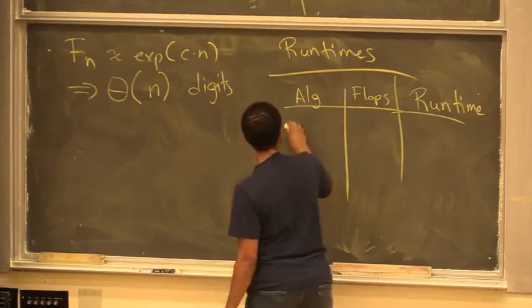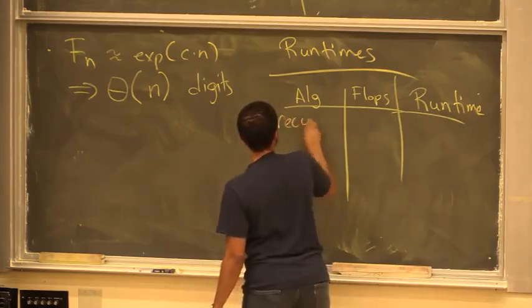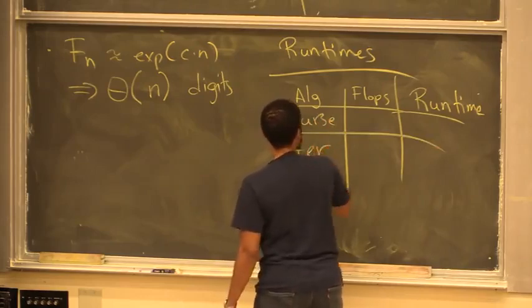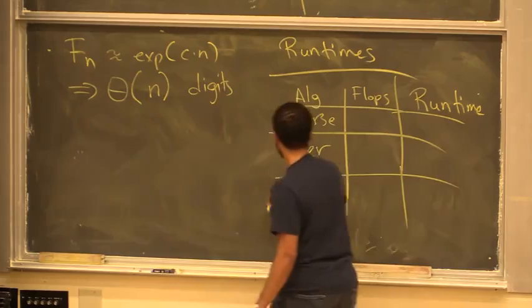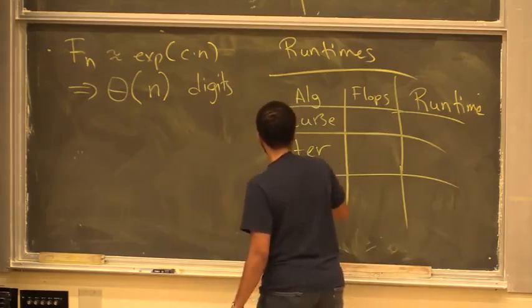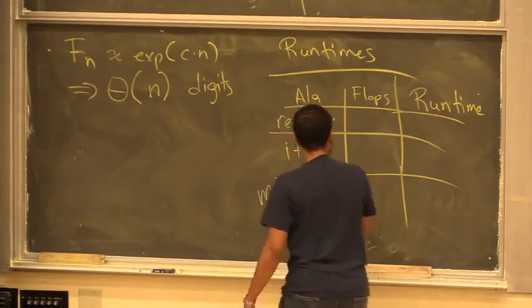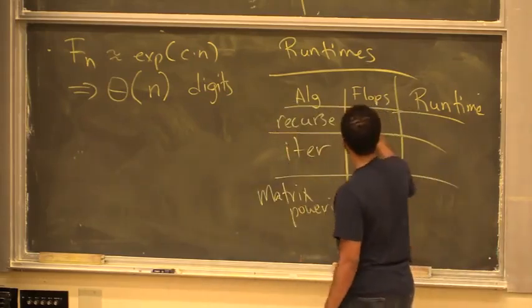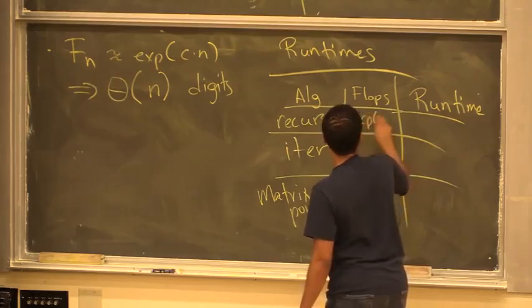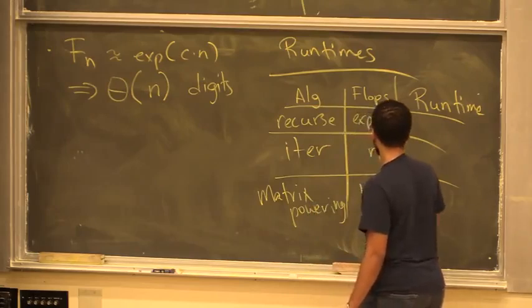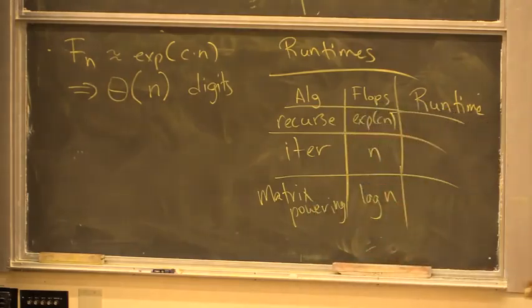So we have the recursive algorithm, the iterative algorithm, and then the matrix multiplication, the matrix powering. This was some exponential number of flops, this was a linear number of flops, and this was log n number of flops, up to a constant.